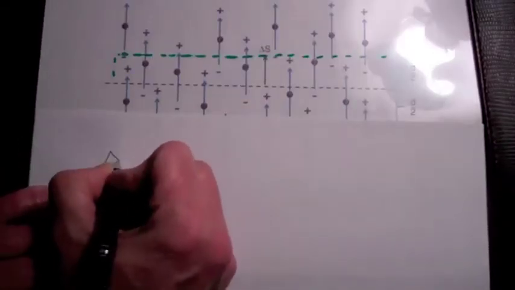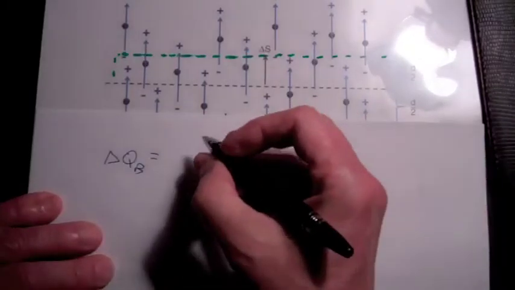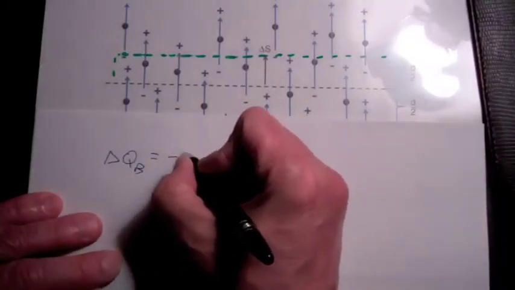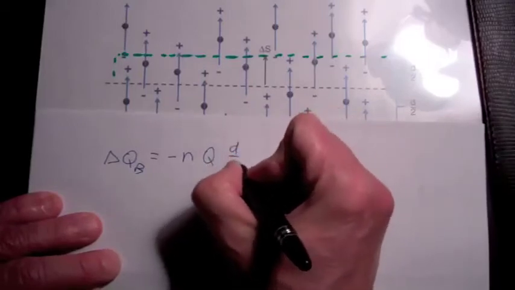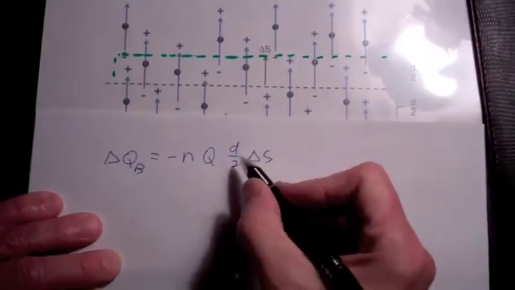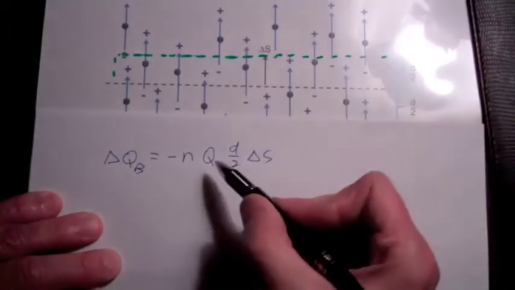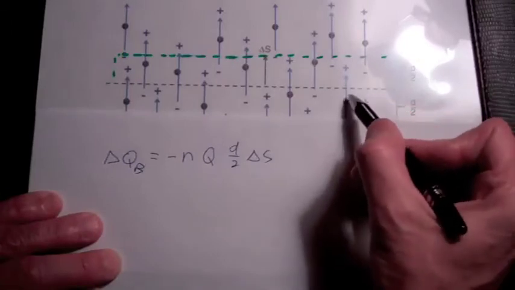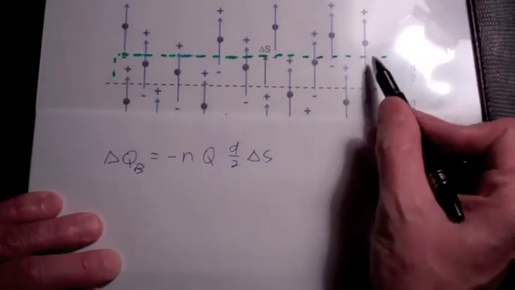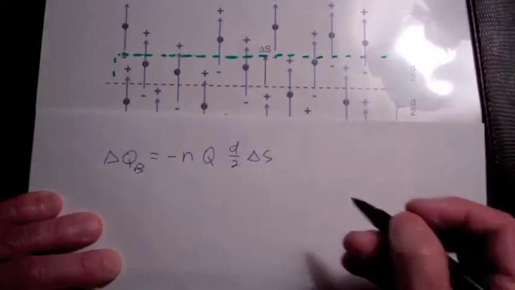So that increase in charge in our closed volume will be minus n times q d over 2 delta S. So d over 2 times delta S is this volume. Minus q is the amount of charge pushed down through this interface for each dipole, and n is just the number of dipoles per unit volume.